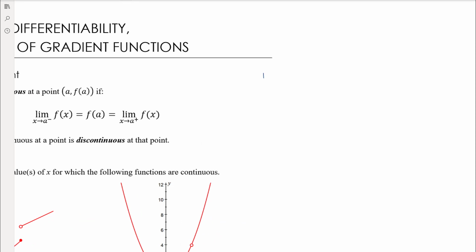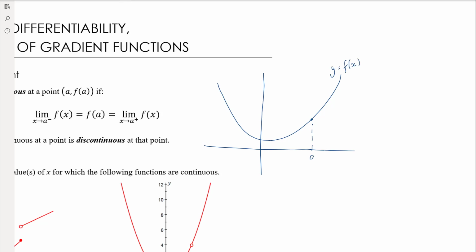So let's just think about some sort of very simple smooth graph, okay? Let's say this point here, so this is y equals f of x. Let's say this point here has an x coordinate of a, and so therefore has a y coordinate of f of a.